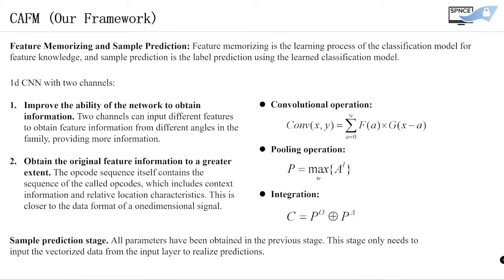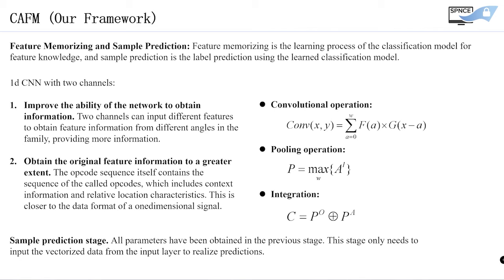Feature memorizing is the learning process of the classification model for feature knowledge, and the sample prediction is the label prediction using the learned classification model. We use 1D CNN with 2 channels. First, improve the ability of the network to obtain information. 2 channels can input different features to obtain feature information from different angles in the family, providing more information.